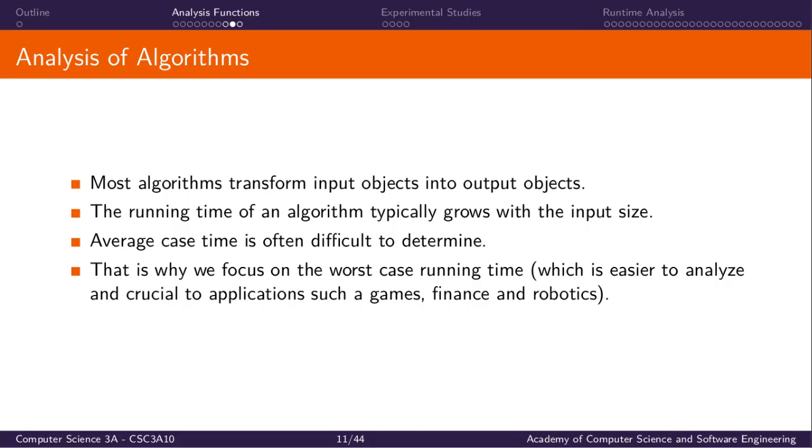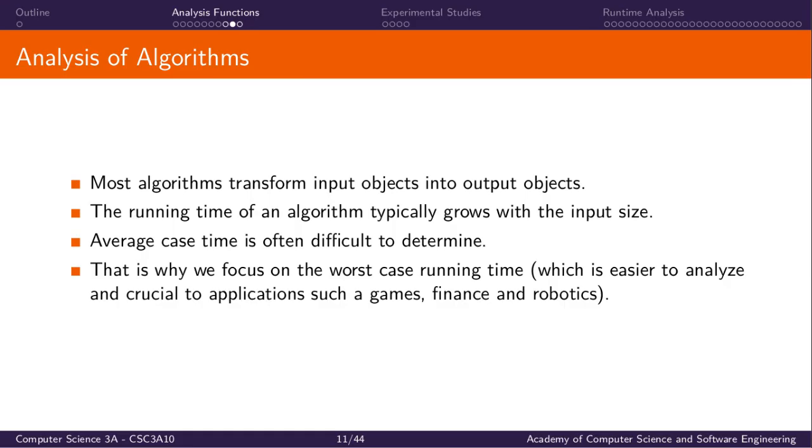You want to know, in the best case, what's the quickest that this algorithm can run? But because you want to be able to run your algorithm for any input, it's more useful, I would argue, to consider the worst time and know that regardless of the input that's given, at worst, it'll take this long. And so that's why we focus on the worst-case running time.